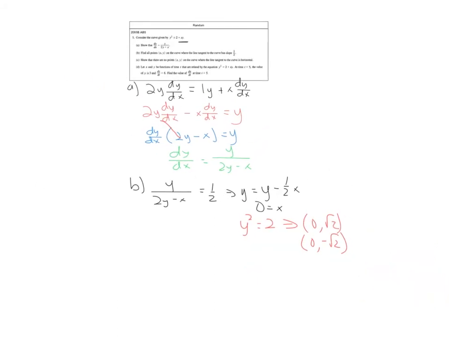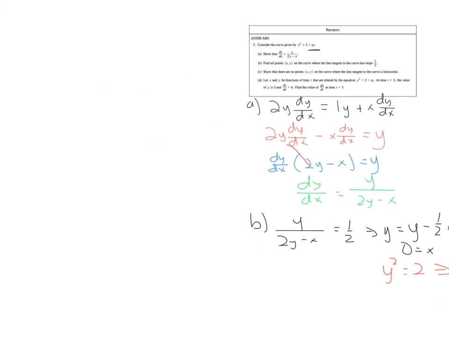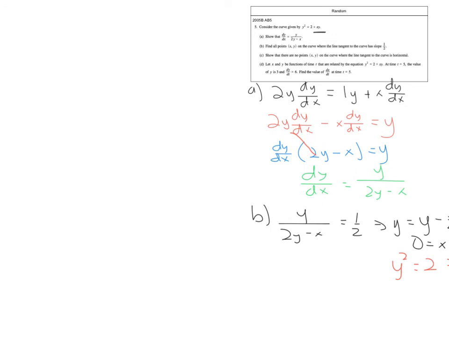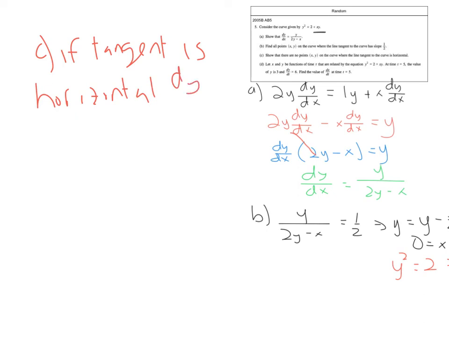What do we got next? I'm going to move this over here. Show that there are no points where the tangent line is horizontal. So for C, if tangent is horizontal, dy dx equals 0.